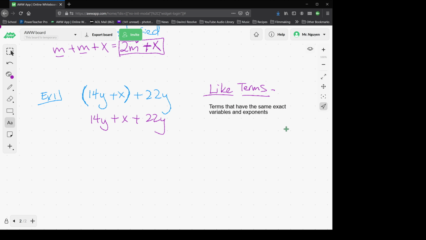You have to have exactly the same variables and exponents. The numbers in front of the variables, they can change. But the variables have to be exactly the same, with the same letter and the same exponent if that variable has any exponents. Like right now, you have 14y and 22y. These two could be added together.